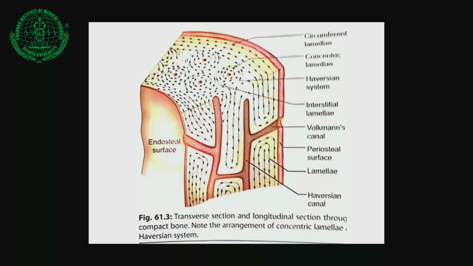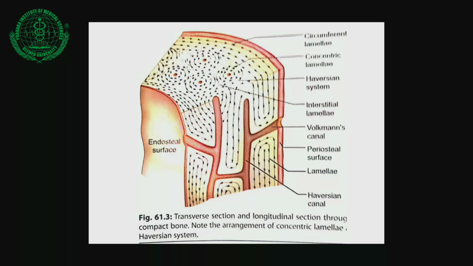The Haversian system is the main portion of the bone. Lamellae are also seen in the diagram shown here. The Haversian canals form cylinder-like structures, osteons, which contain the Haversian system.